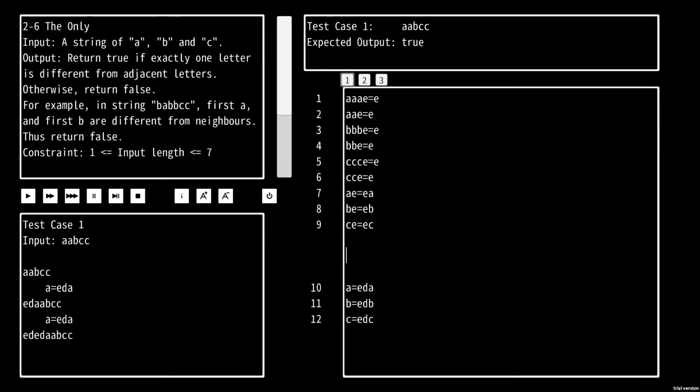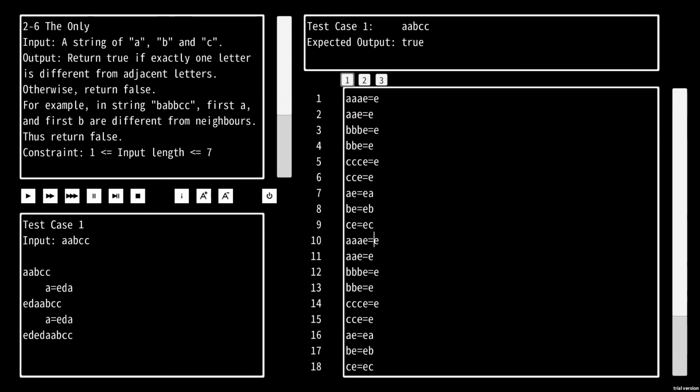I actually don't know how to do this still. No, I think I got it. I think I got it. We're going to copy paste this over, but put D's on the left.